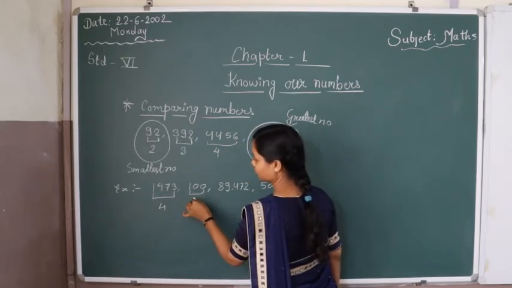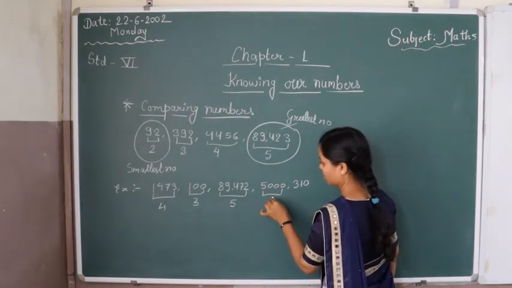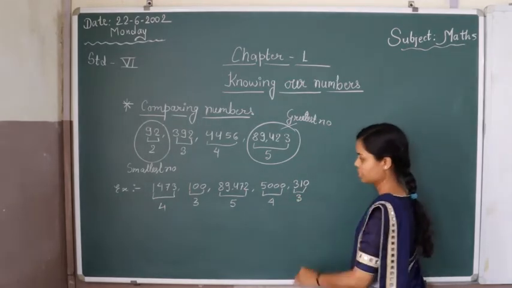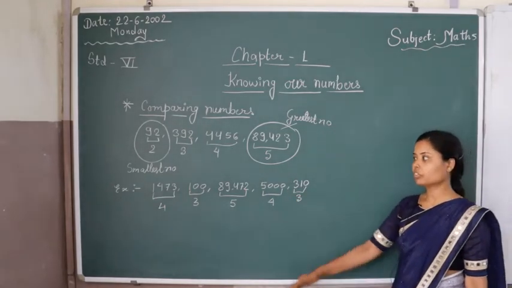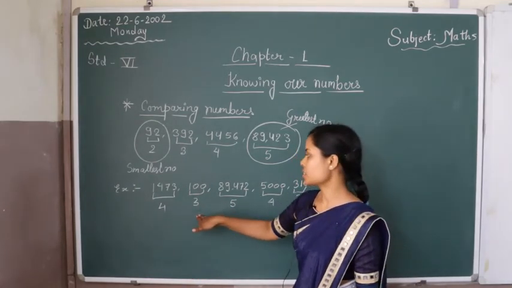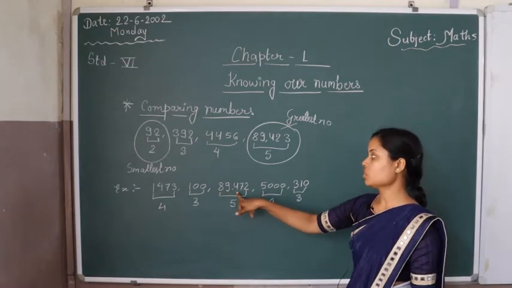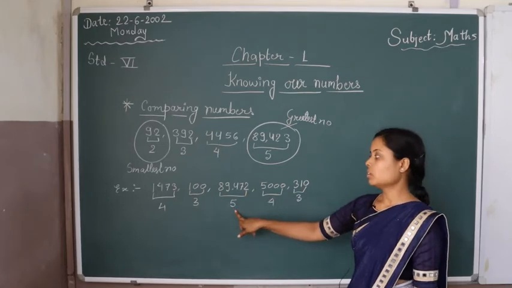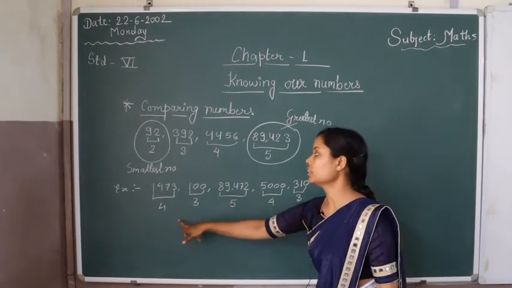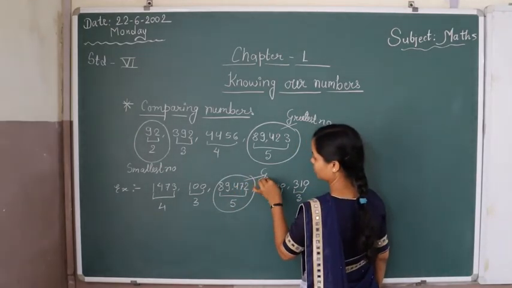Here 3 digits. Here 5. Here 4. And here 3 digits. When we want to find the smallest and greatest number, we look at the digits of the numbers. In 89,472, the number of digits is 5, which is greater than the others. So this is the greatest number.